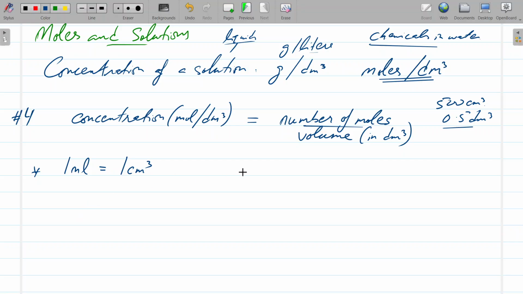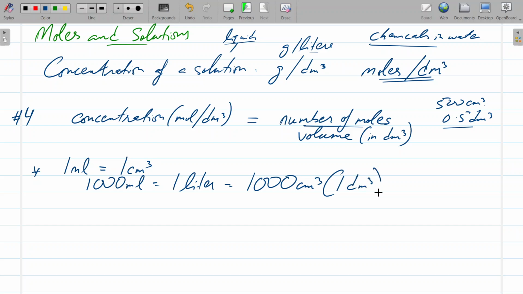And so 1000 ml equals 1 liter, which is also 1000 centimeter cube. Instead of writing 1000 centimeter cube, you write 1 decimeter cube. So just the relation over here.